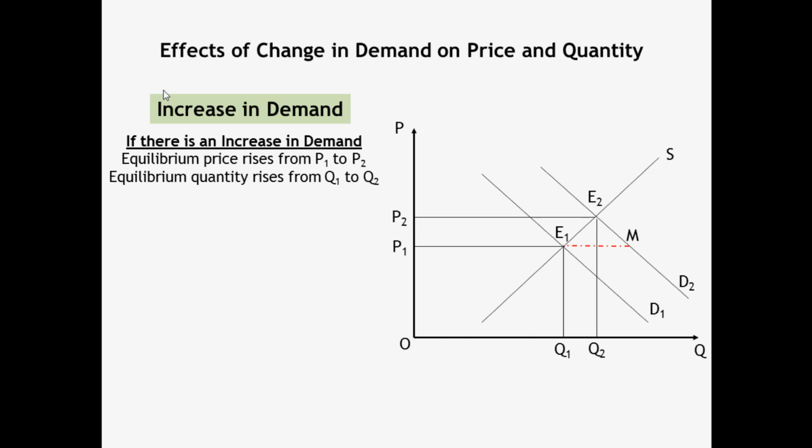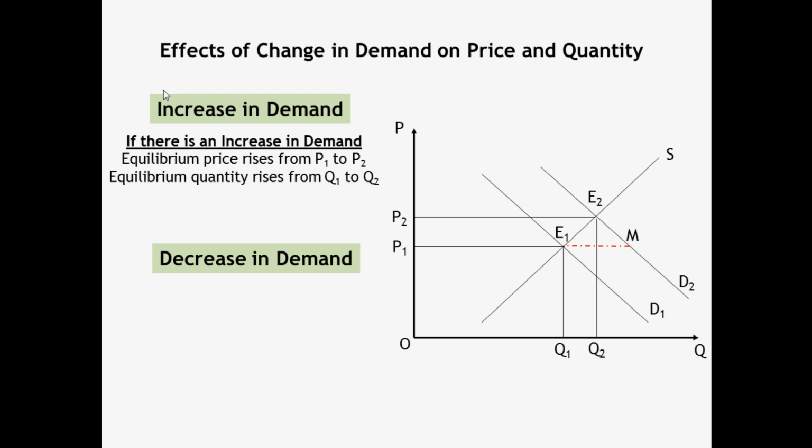Now, we are going to discuss the effects of decrease in demand on equilibrium price and quantity of a product. Given the price of a product, if other determinants of demand change in such a manner that its quantity demanded falls, it is called decrease in demand.